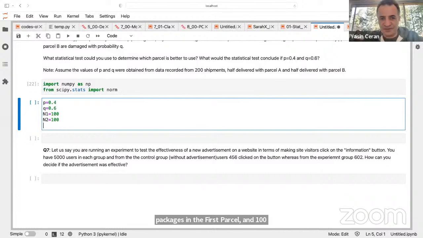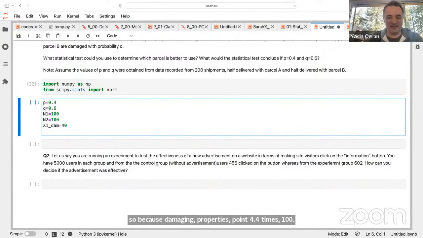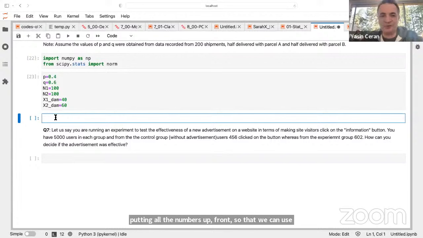The number damaged in the first one, let's call X1 damaged, is the damaging probability 0.4 times 100, so 40. And X2 damaged is 60. Once you are given P and Q, you may not need X1 and X2, but for the sake of completeness, I'm putting all the numbers up front so that we can use them. So we assign the values to our variables.